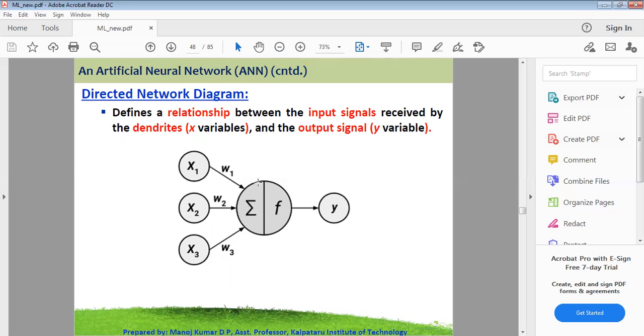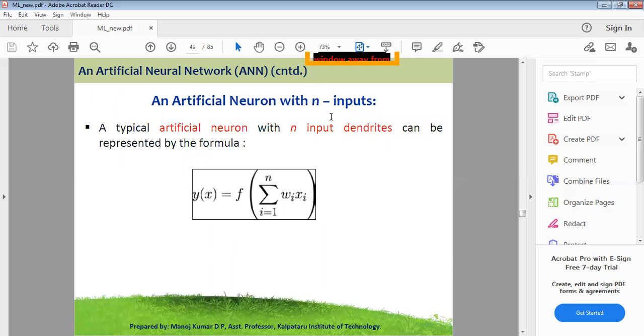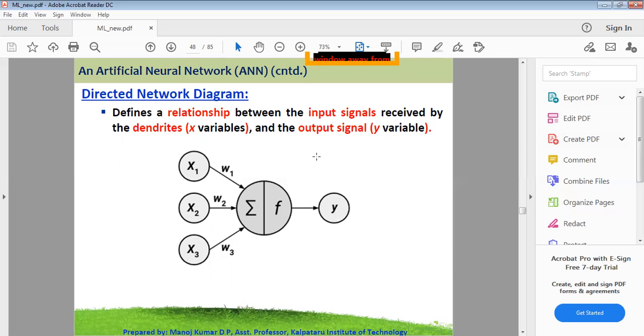Okay, so we go with the set of functions. F is the function and this one is summation: the sum of all the weights from all the inputs, which we'll see in the next part. An artificial neuron with n inputs. See here how many inputs you are having: W1, W2, W3.